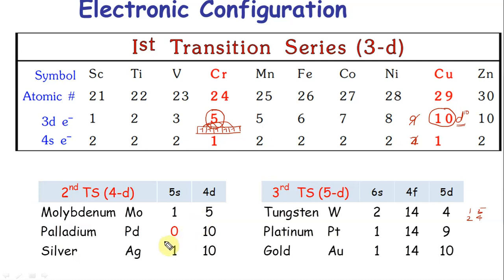Second thing you want to know is palladium. Palladium is a weird structure. It belongs to the nickel group. Instead of being 8-2, it becomes 10-0. Silver is very simple, just like your copper. And gold is also very simple, just like your copper. But when you look at platinum, it's 9-1.